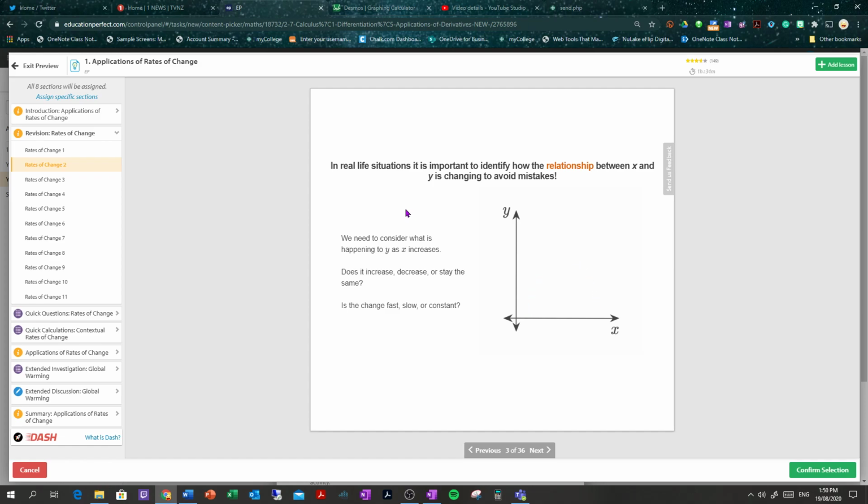So what we need to consider is what's happening to y as x increases. So as we move across x, what is going on with y? So sometimes y is increasing, sometimes it's decreasing, and sometimes it's staying the same. And how fast is it going? Like, is it a change that's fast, slow, or constant?